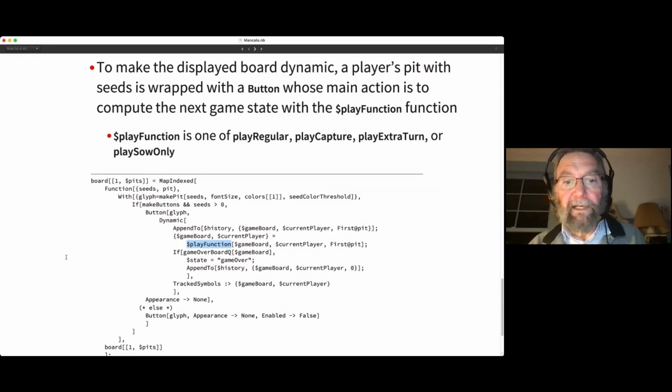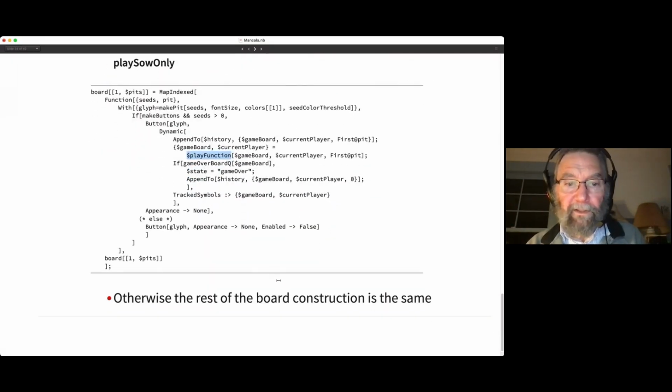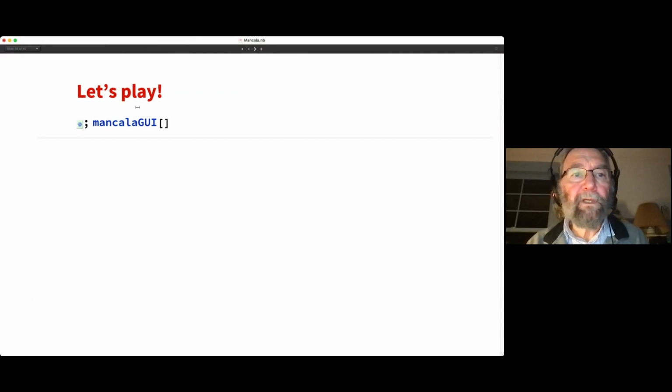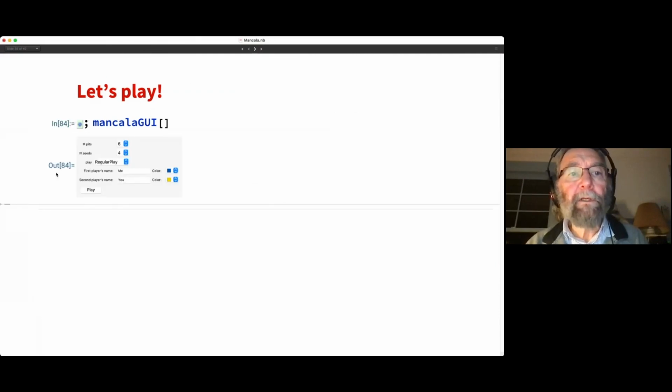And then the dynamic that's wrapped around the switch sees that and then decides what to do. If the game is over, it goes to the end of game state and so on, or it continues in the play state. So to demonstrate, we can actually play the game, and this is the interface for it.